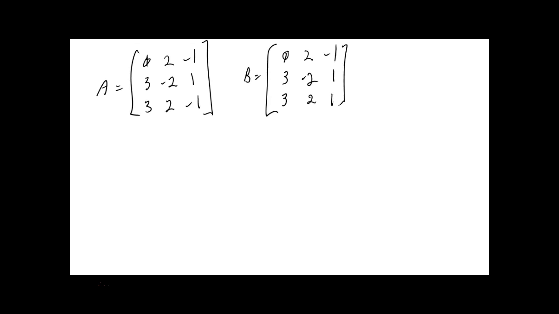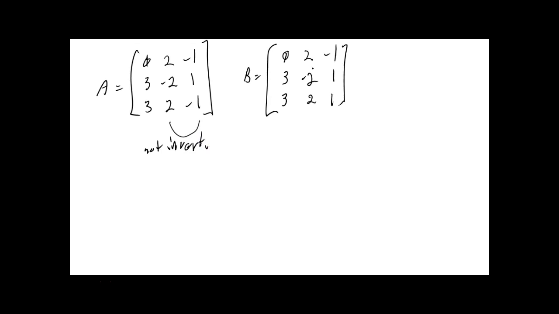And looking at this one, if you notice, column 2 is exactly a multiple of column 3. Multiply column 3 by negative 2, and you get column 2. So that means this is not invertible. Okay?